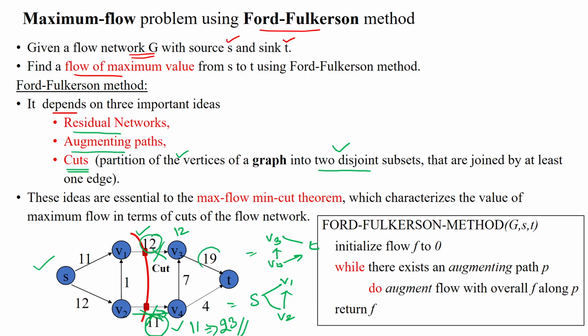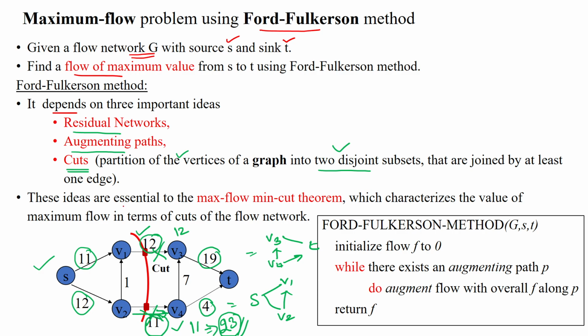So this will carry a maximum flow of only 23. The max flow is equivalent to the quantity of the edges which we are removing. This is called the min cut.